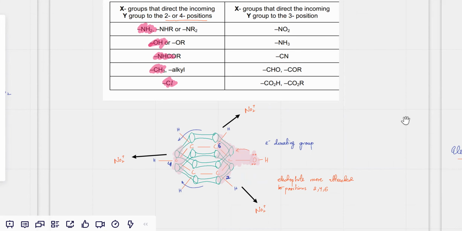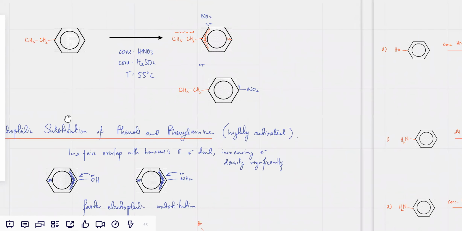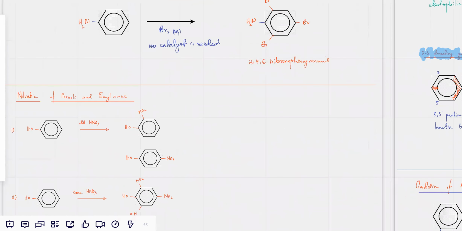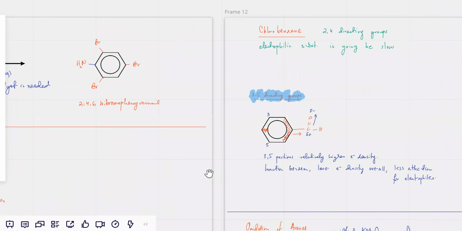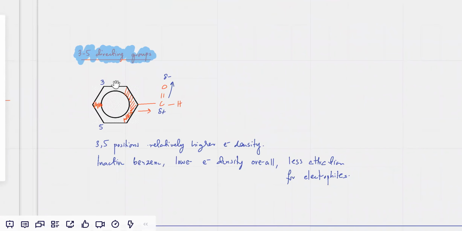Vice versa, if you have a 3,5 directing group, which is an electron withdrawing group, then in the same positions the electron density actually decreases because the electrons get withdrawn. Like with a ketone group, the electrons are withdrawn from the benzene, and the electron density at positions 2, 4 and 6 would be lesser. So electrophiles are not going to get attracted to those positions. Is this clear?